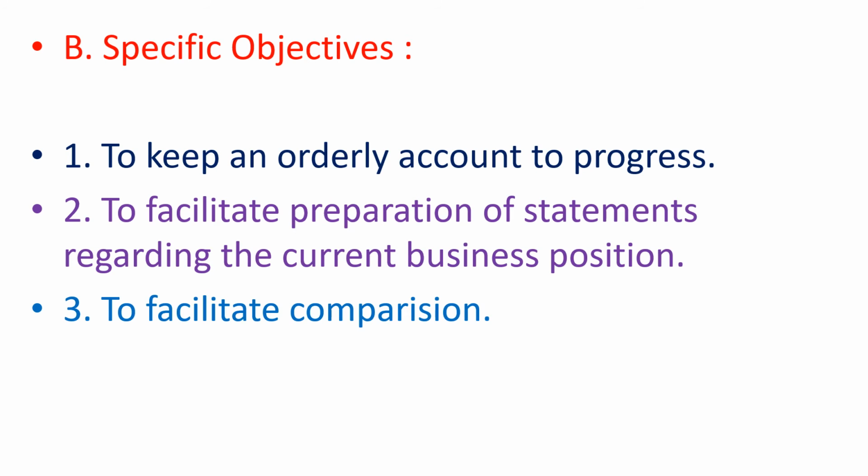Third is to facilitate comparison. These records facilitate comparison of the results of business activities between one period of time and another, one line of product and another, and also between the firm and its competitors. This is known as the analytical function of these records.